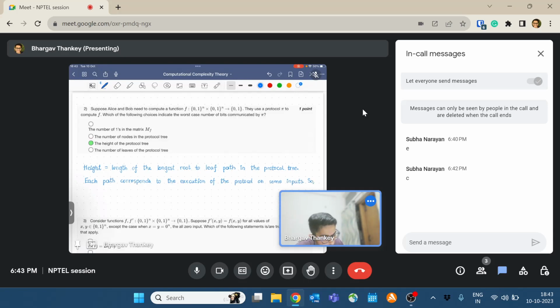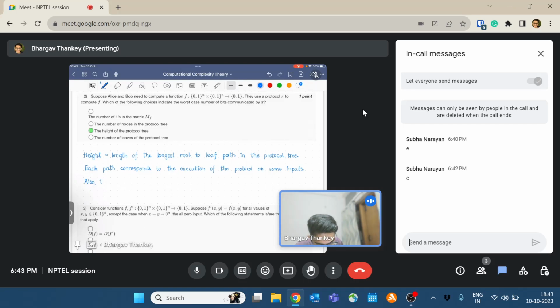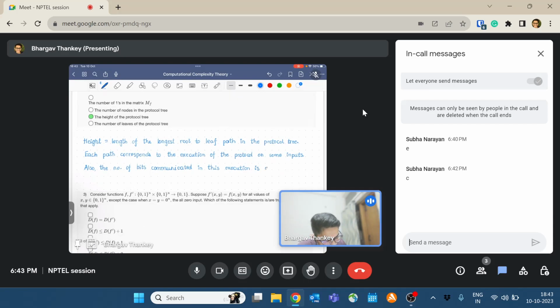Also, the number of bits communicated in this execution is equal to the length of that path.